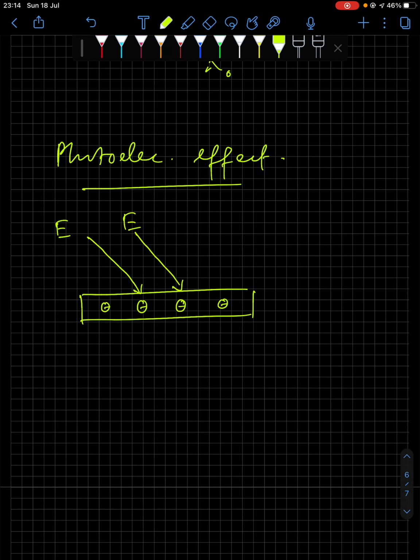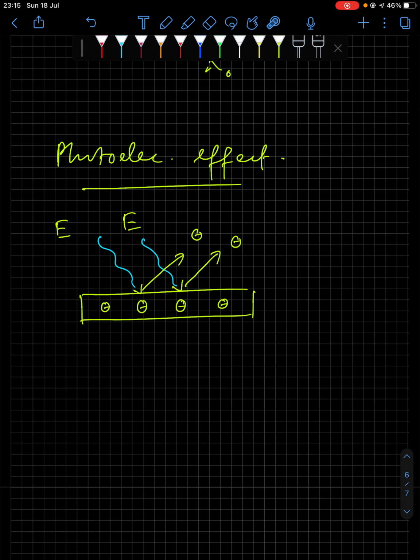Let me show the radiations like this. The result is that electrons are knocked out. You have to remember, and it is there in the law also, that the photoelectric effect is a one-to-one effect. One photon is capable of knocking out only one electron, not two electrons.